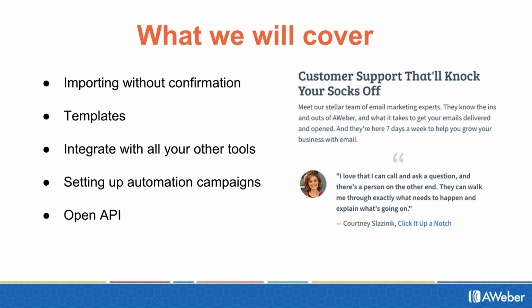And certainly this import without confirmation is something that people are really interested in, so that as you're switching, your subscribers don't even miss a beat. So we'll go over that a little bit more in depth. We're going to talk about templates, integrating with some of the other tools that you're already using for your business. We'll also jump into setting up automated campaigns and talk more about our open API and go over all that fun stuff.